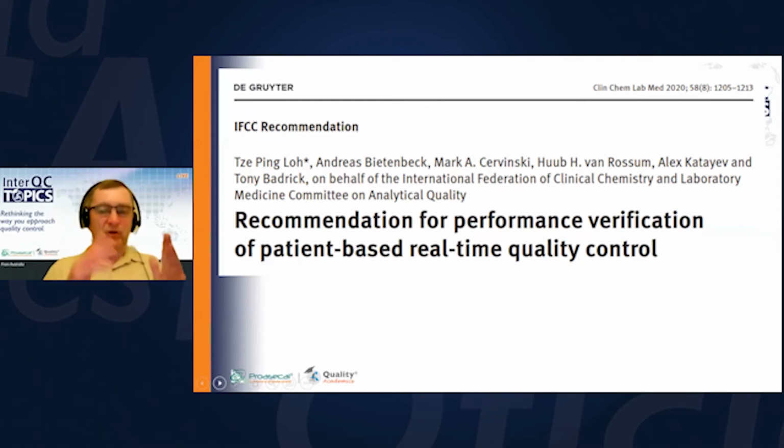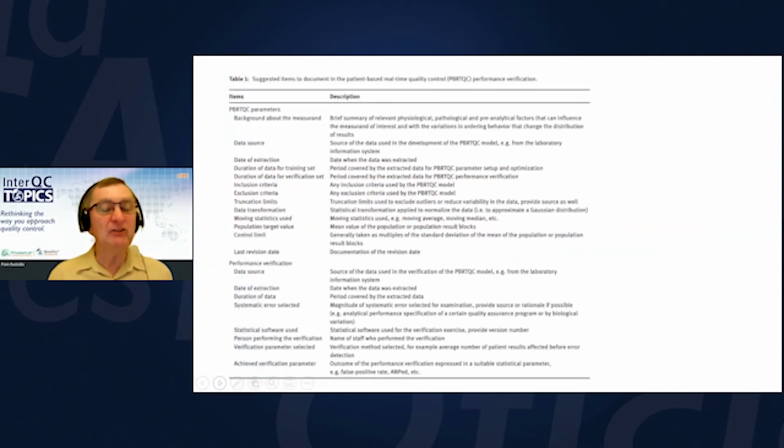But we need to ensure that anything that we put in is at least as good as the current system that you've got. So this verification paper really describes how to do that, and how you actually go through and prove that you've got a valid verified process.